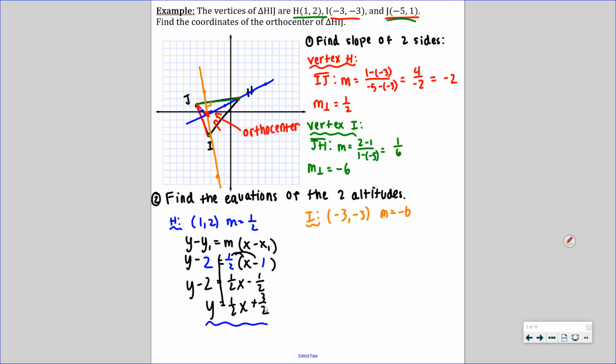So same thing. I'm not going to rewrite out the point-slope form. We got to do y minus y1, which is -3, so it ends up being +3, equals m times (x minus -3), which is +3. Distribute. I don't mean to go too fast, guys.